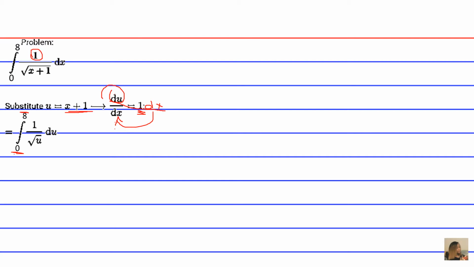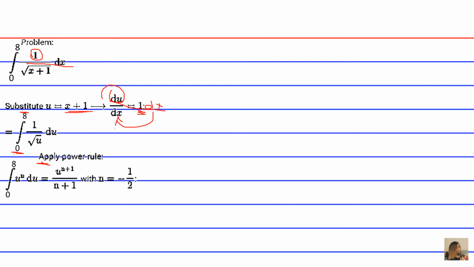Actually, you don't need to make du dx equivalent to 1. You can just leave du equivalent to 1 dx, okay? Because, hold on, here goes du right here.